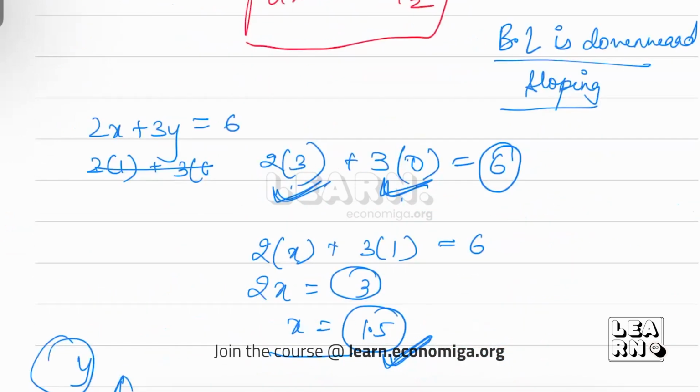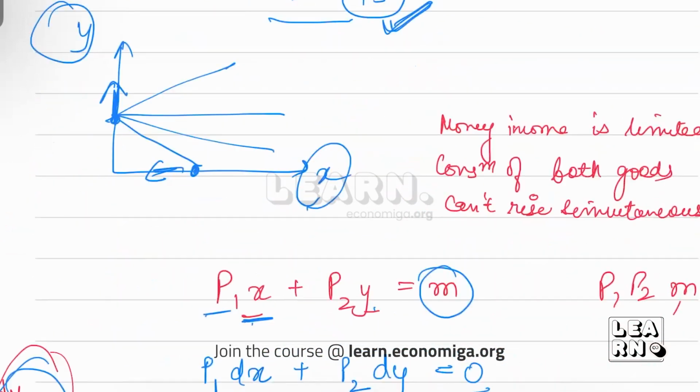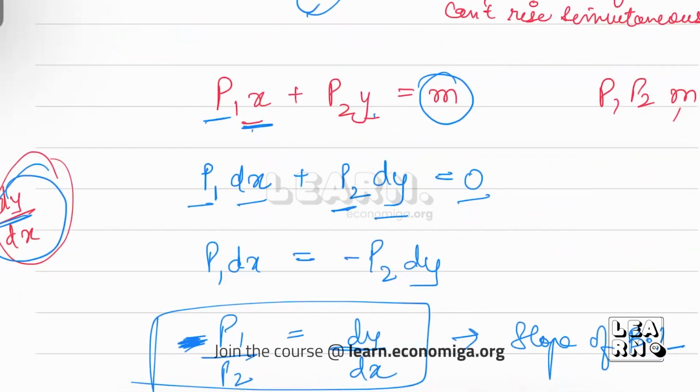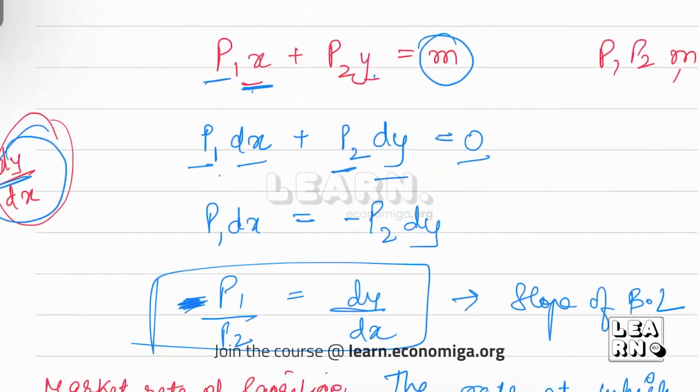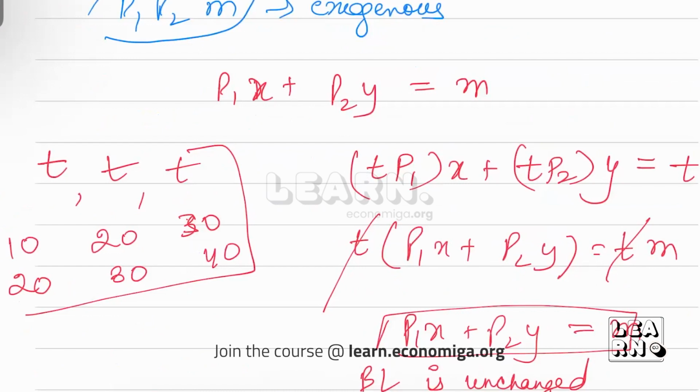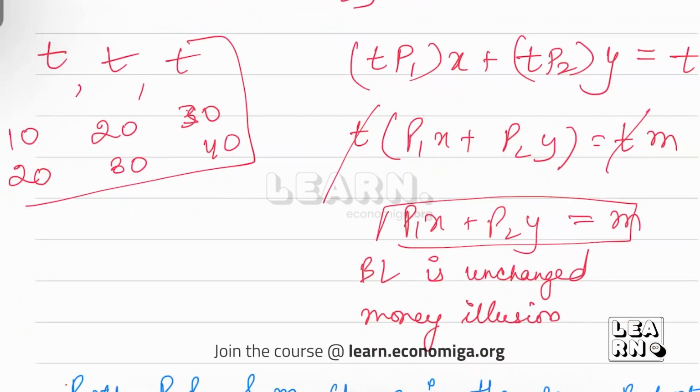In case the prices of both goods are changing by the same amount and your income is also changing by the same amount, then the budget line remains unchanged, and this phenomenon is known as money illusion.